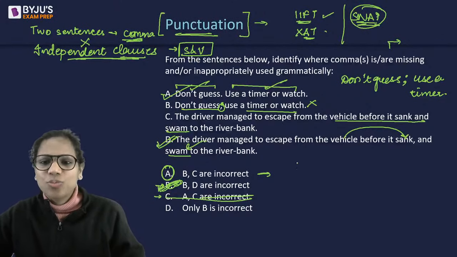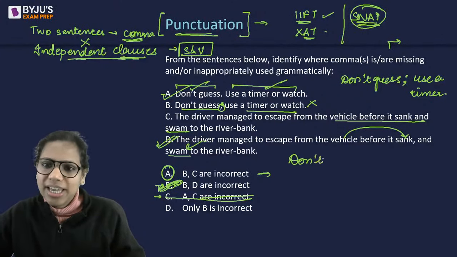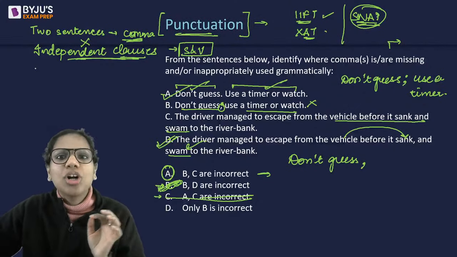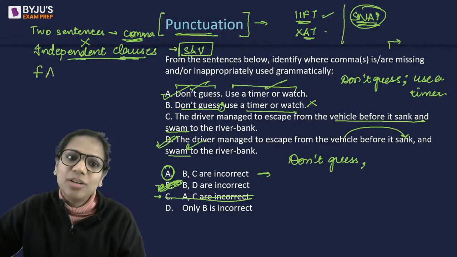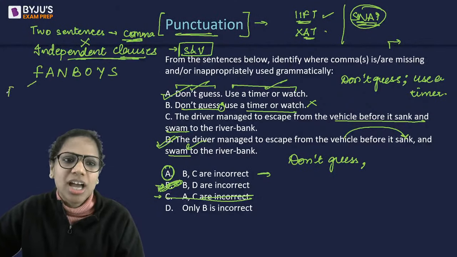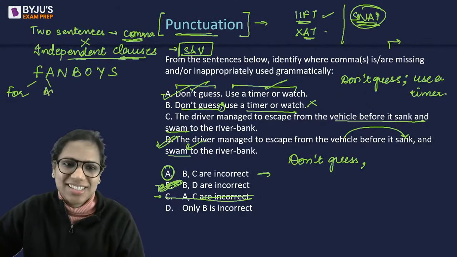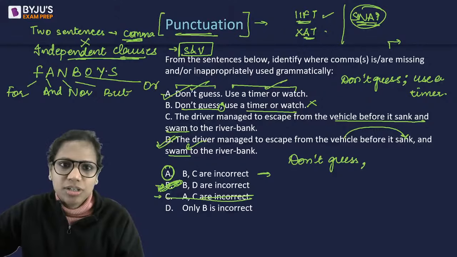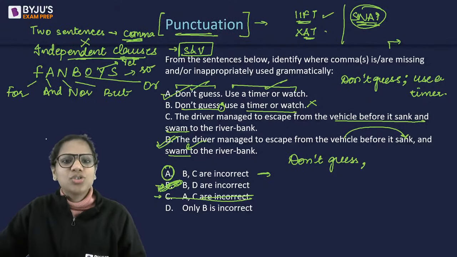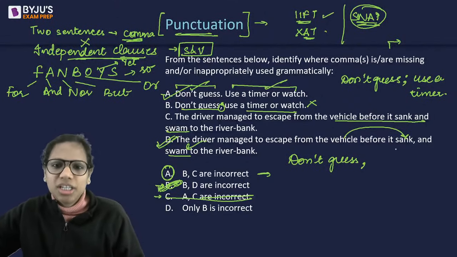Or another option is: don't guess, comma, then you pick up a coordinating conjunction. FANBOYS. These are called your coordinating conjunctions. They join ideas of equal importance. For, and, nor, but, or, yet, so. So here you can join it using a coordinating conjunction.